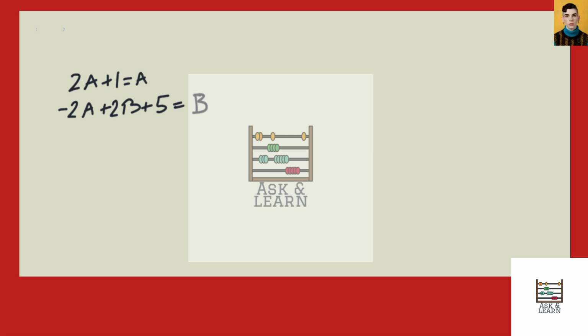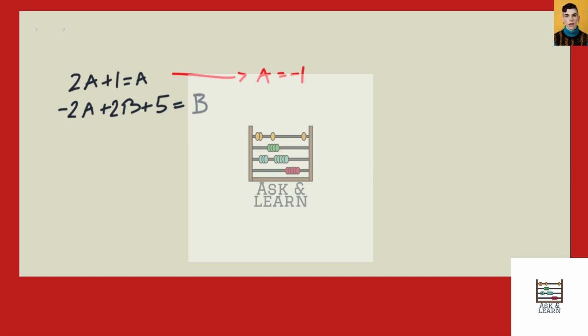Well, if we solve the first equation for A, we get that A is equal to negative 1, because if we subtract A from both sides, we end up with A plus 1 is equal to 0. Then we subtract 1 from both sides.